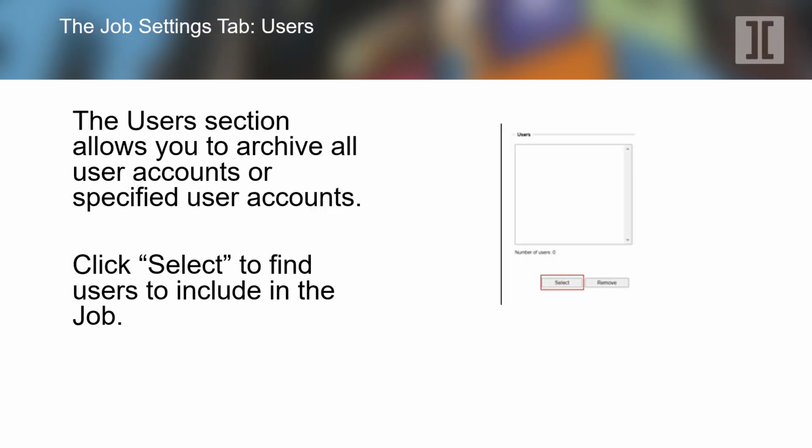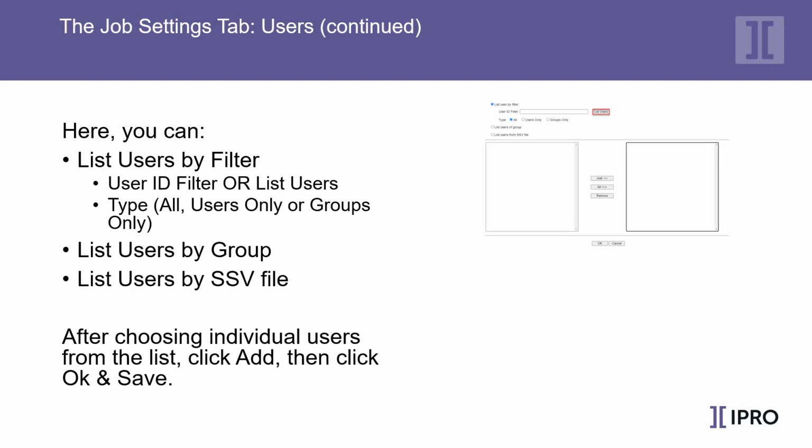In the User section on the Job Settings tab, you can archive all user accounts or specified user accounts. In order to do so, first click Select. Once the dialog box pops up, you can choose to list users by user ID filter or list users by type, including all, users only, or groups only, or to list users by group or by SSV file.